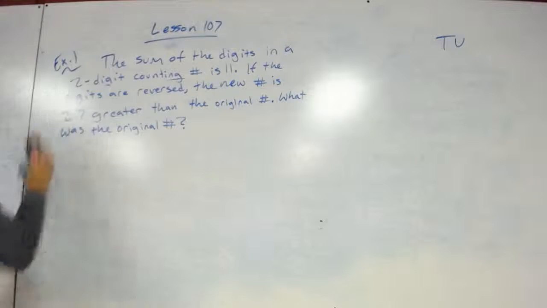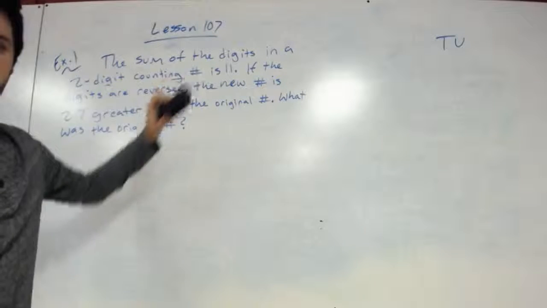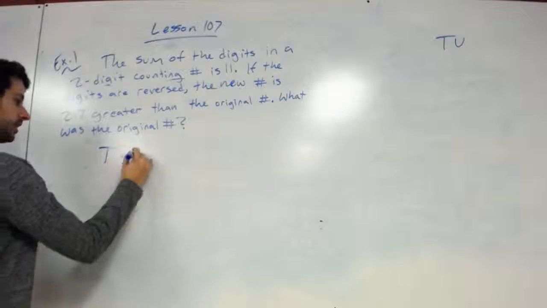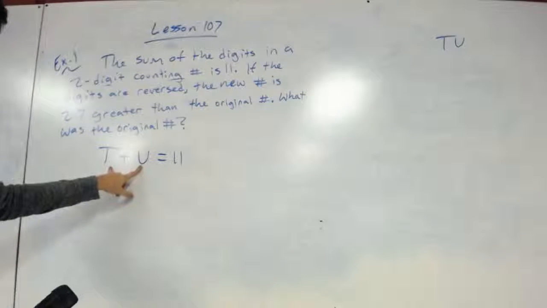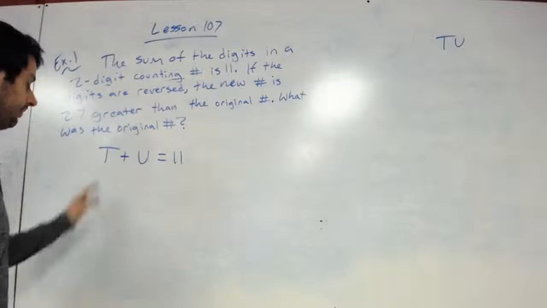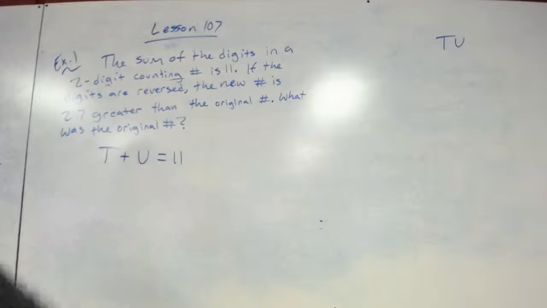Now let's look a little further into this. It said the sum of the digits is 11. Well, what were my digits? We can use T plus U equals 11. So the sum of the two digits is 11.